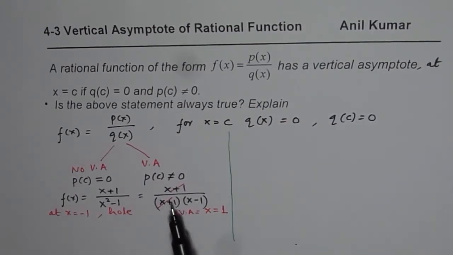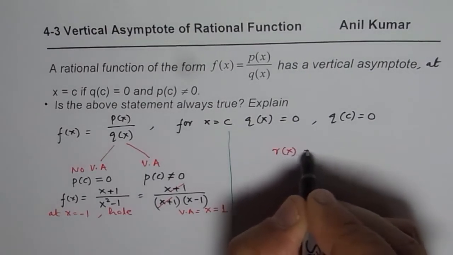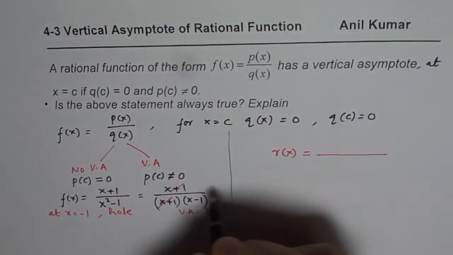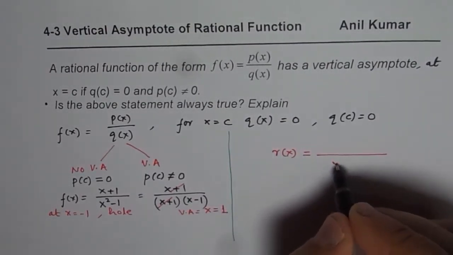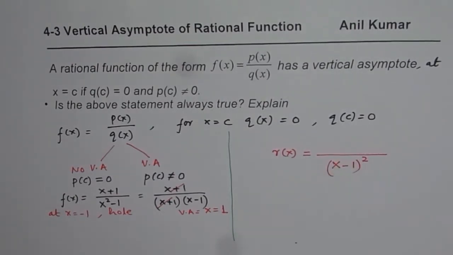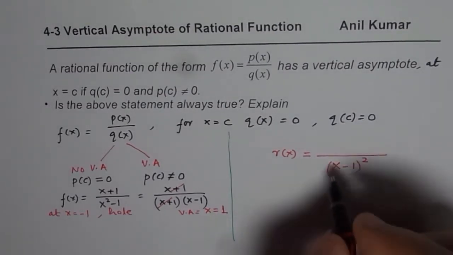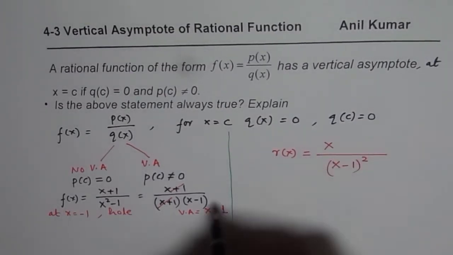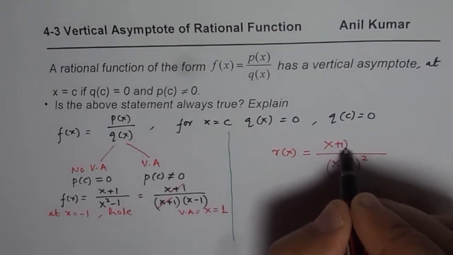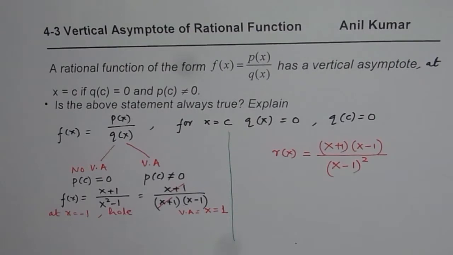Let me give you the example right here. Consider this example. Let us say a rational function which is equal to, let me take the denominator as x minus 1 whole squared, and let me take x plus 1 times x minus 1 in the numerator.